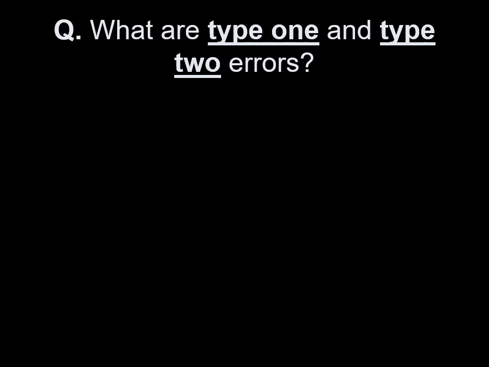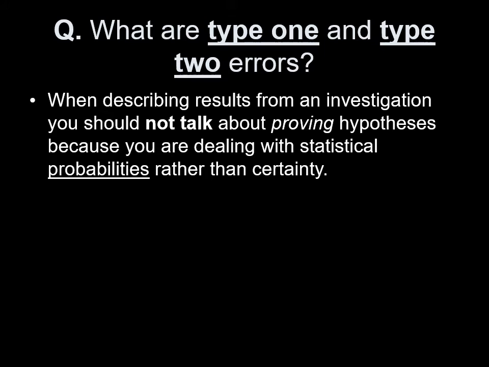So you've also got this concept of type 1 and type 2 errors. You can never prove a hypothesis right, because if you ever find any single wrong answer, that would disprove your hypothesis. Does that make sense? What you want to do is demonstrate that your hypothesis is nearly always right, is the idea.